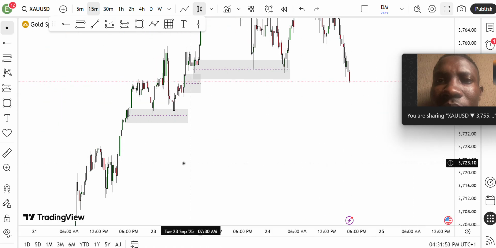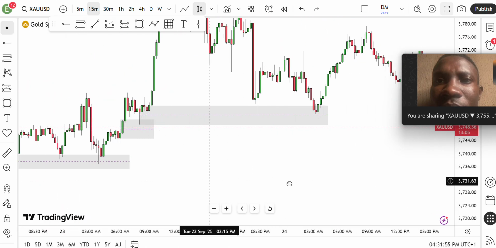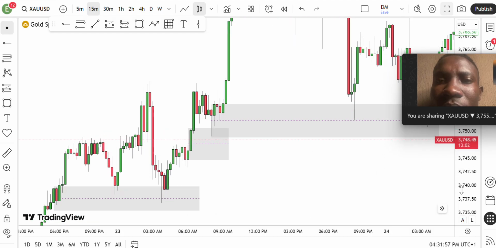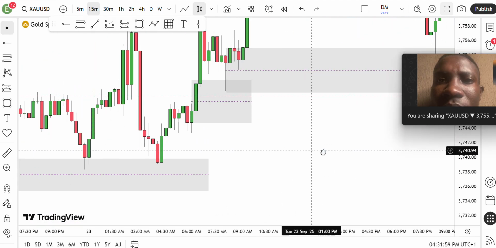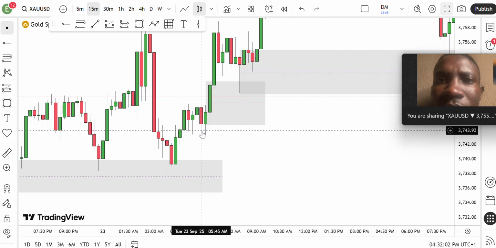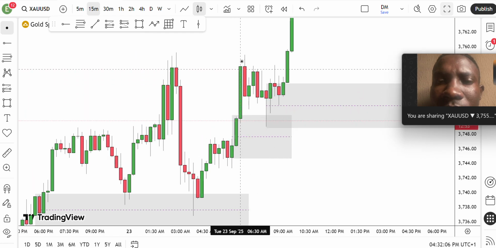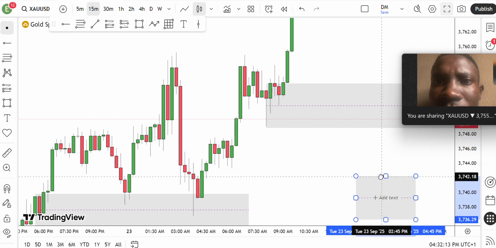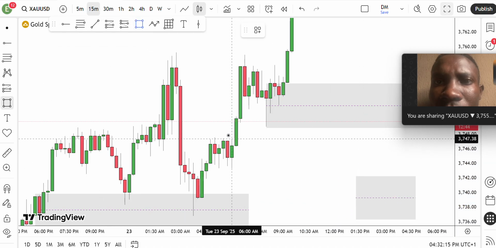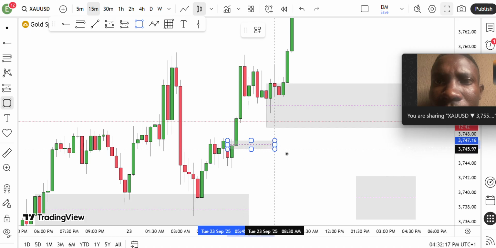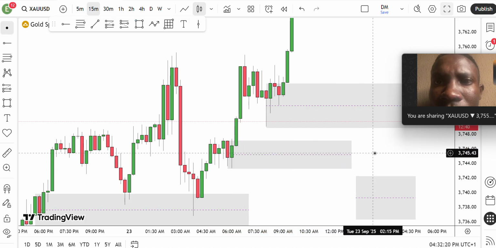So for an order block, you can see this one now. This was the last sell candle before price bought. So you can say, okay, I want to use this one. That is an order block. That means a buy order is still resting there.